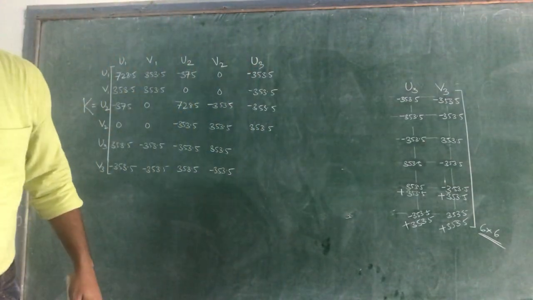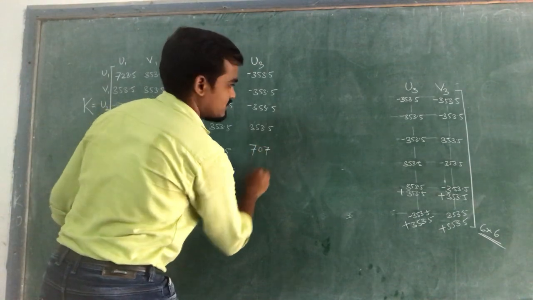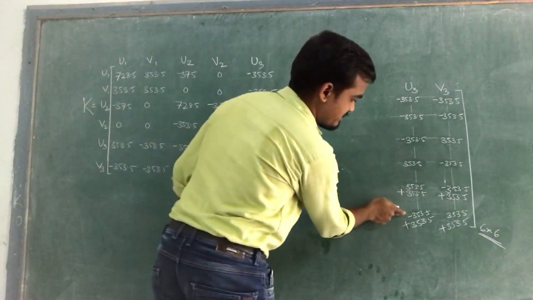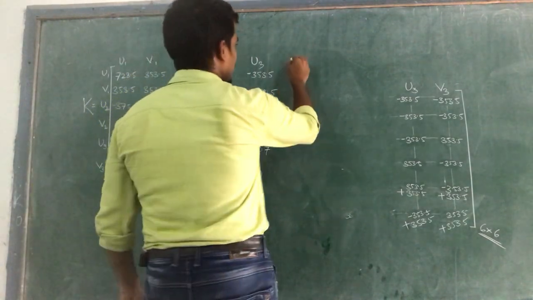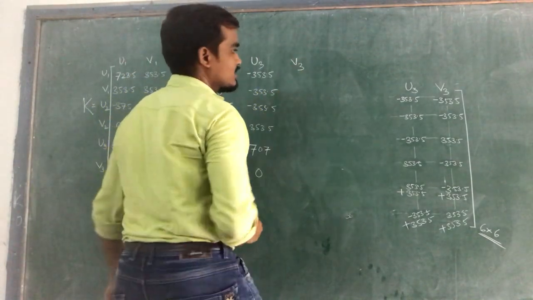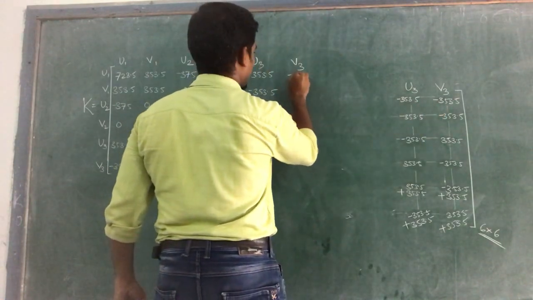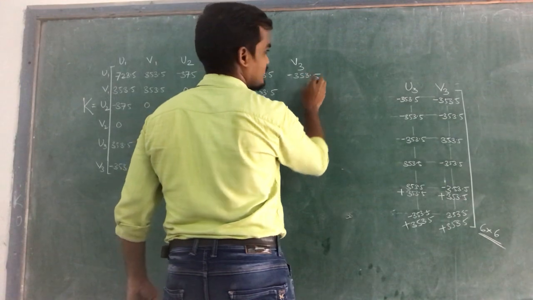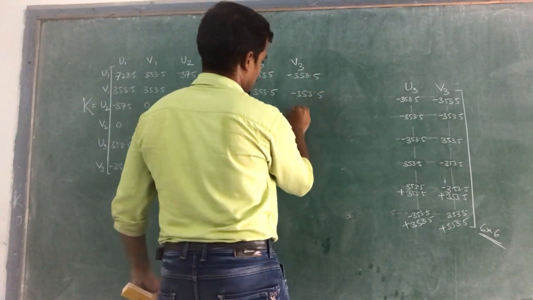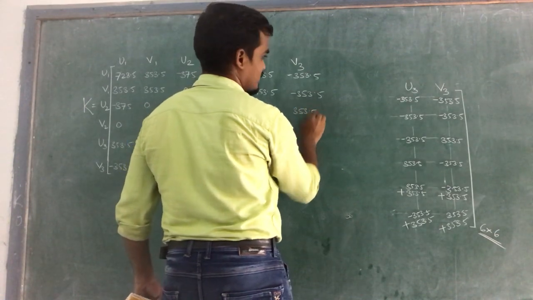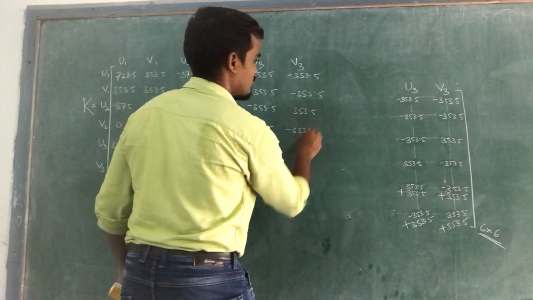It is 707, I think. 707. Then minus 353.5 plus 353.5 is equal to 0. Then finally V3: minus 353.5, minus 353.5, minus 353.5, 353.5 minus 353.5.